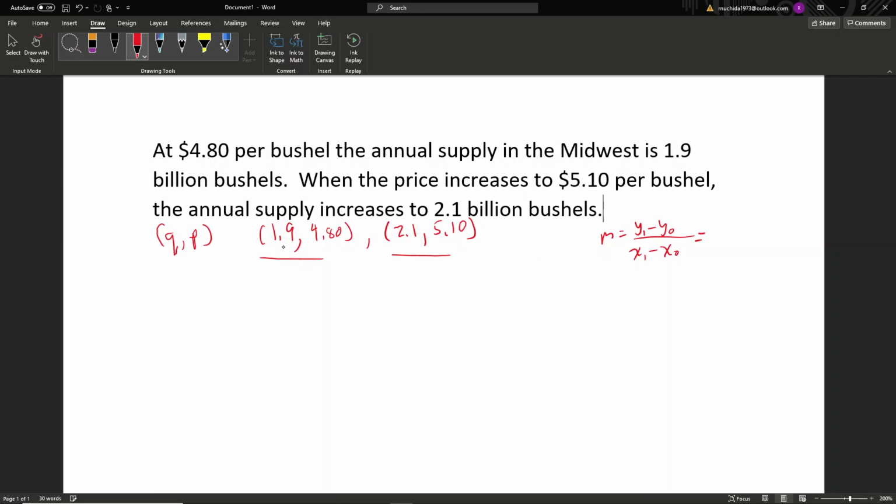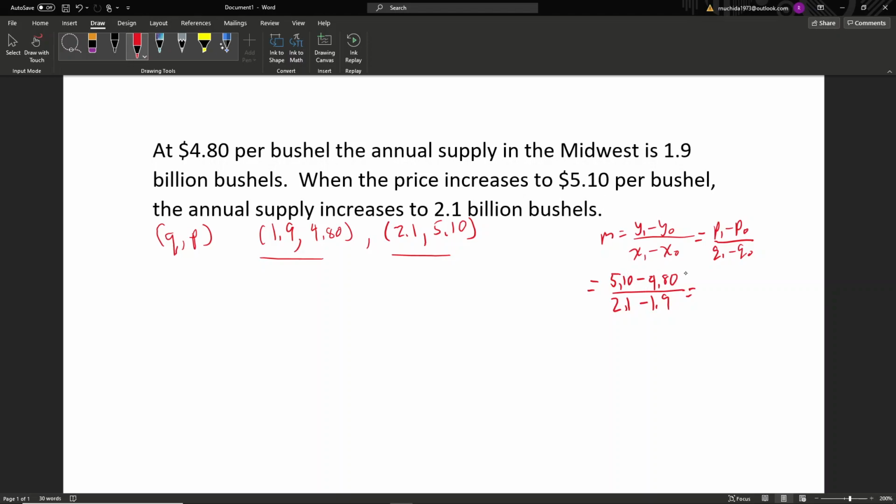In this case, since our p's are the y's and our q's are the x's, it'd be p1 minus p0 over q1 minus q0. Taking the second coordinate of the second point, that'd be 5.10 minus 4.80, all over 2.1 minus 1.9.